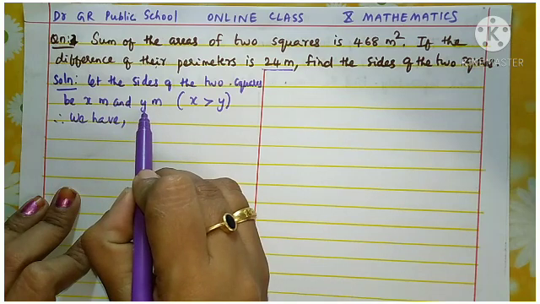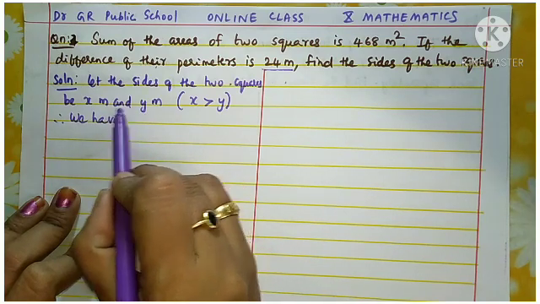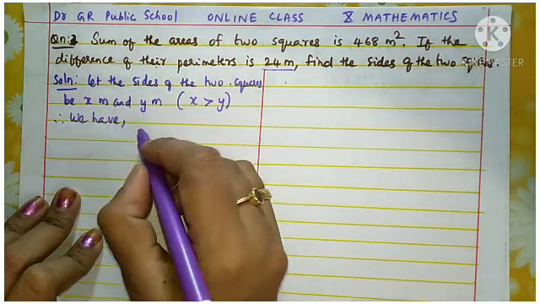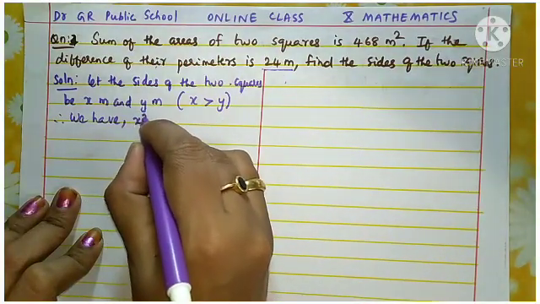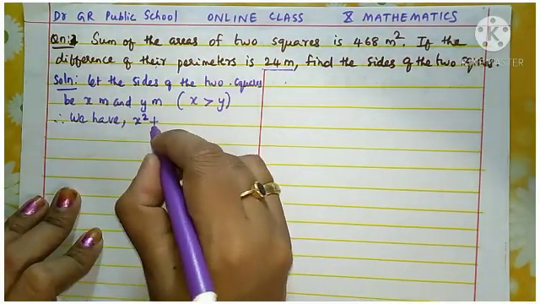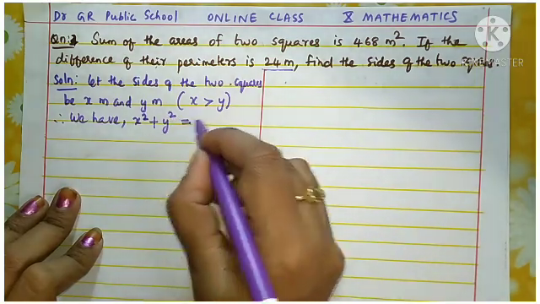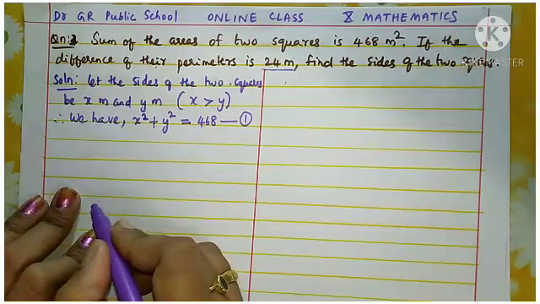Similarly, if y is the side, then area is y into y, y square. Okay, so who is the larger area? The first one. So we have the sum of the areas: the area of the first square, x square, plus the area of the second square, y square, equal to 468. This is the first equation.